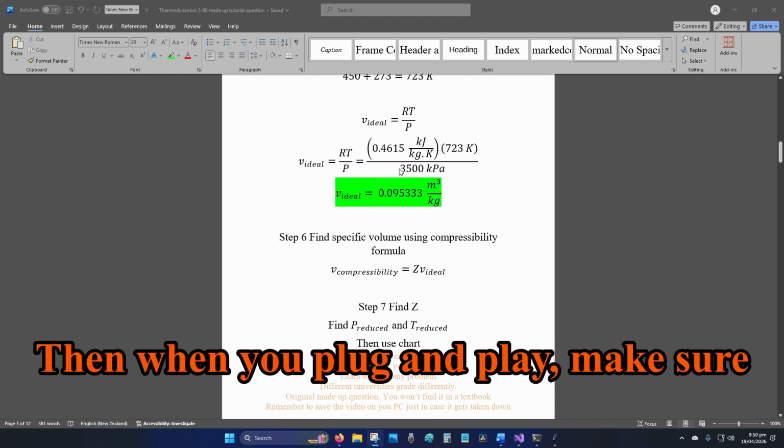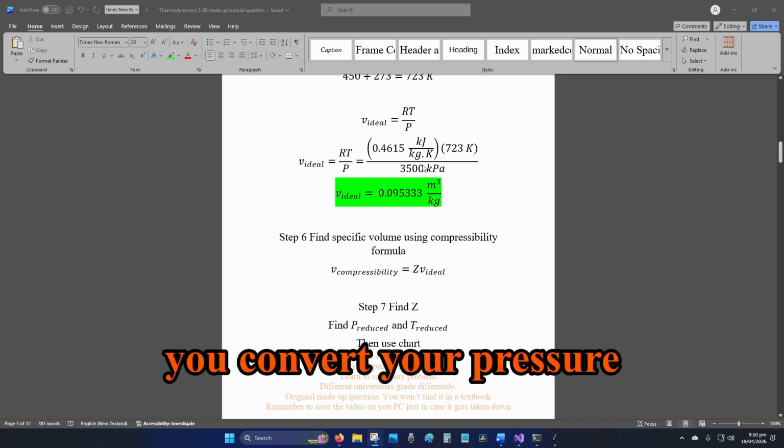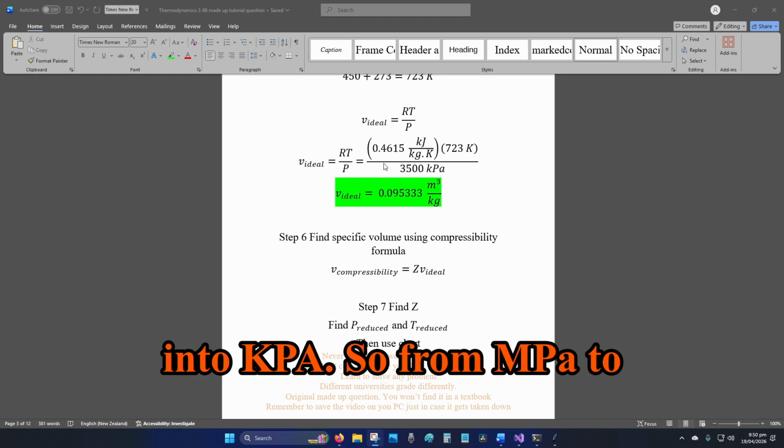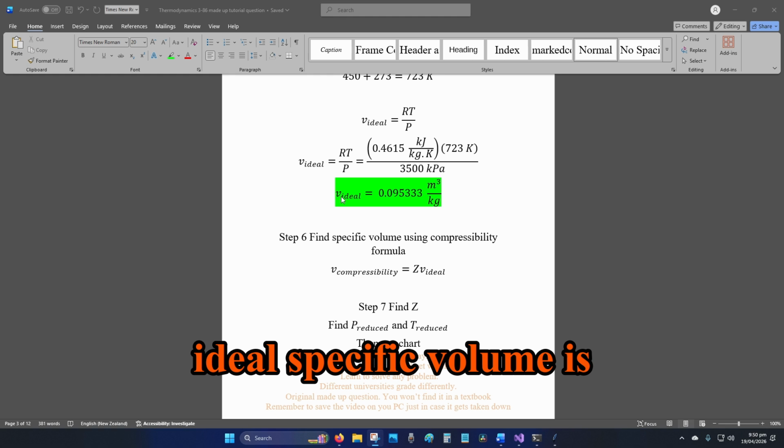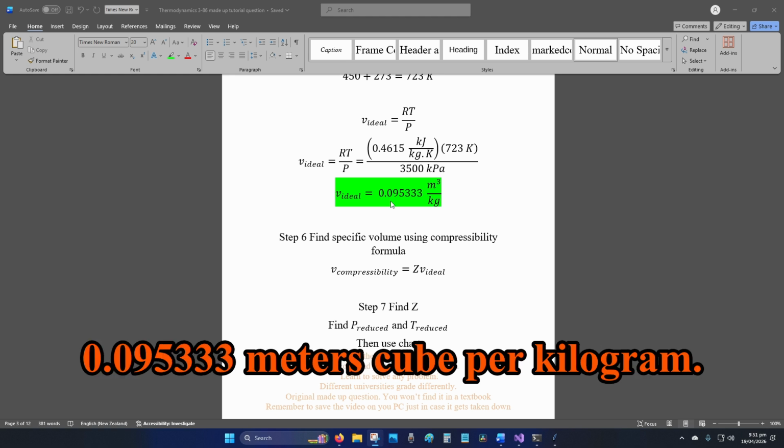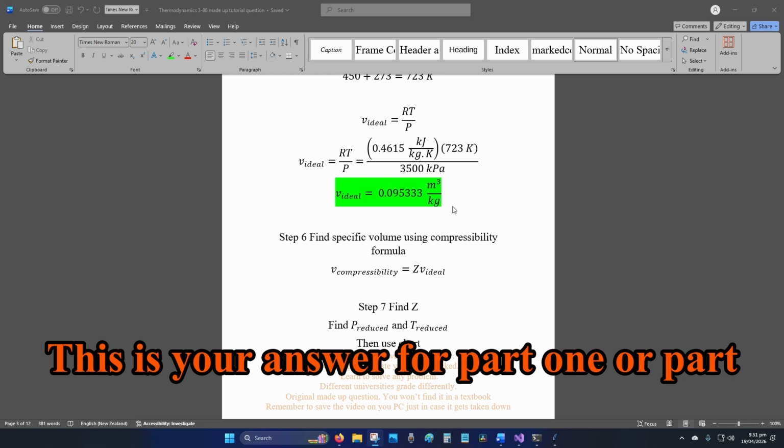Then when you plug and play, make sure you convert your pressure into kPa, so from MPa to kPa. From 3.5 MPa, it is 3,500 kPa. So your ideal specific volume is 0.095333 meters cubed per kilogram. This is your answer for part 1, or part A.